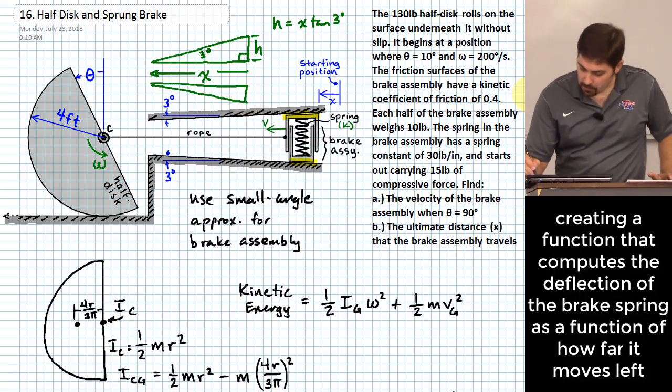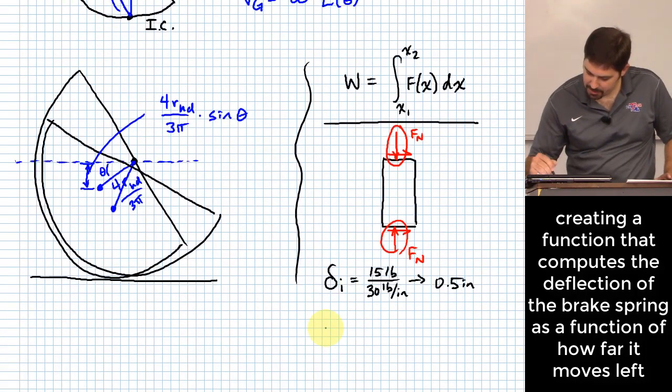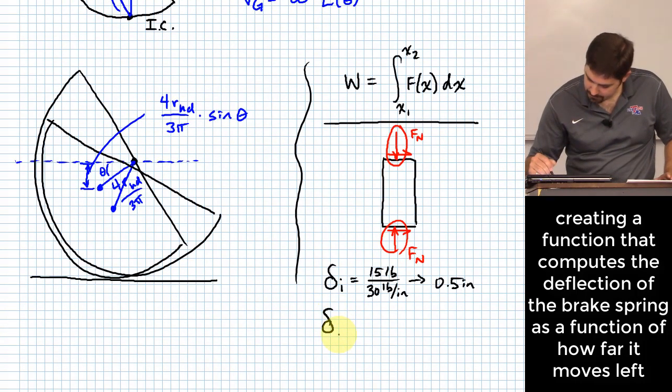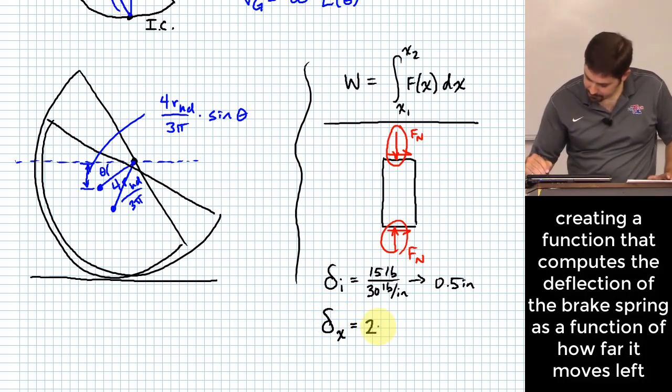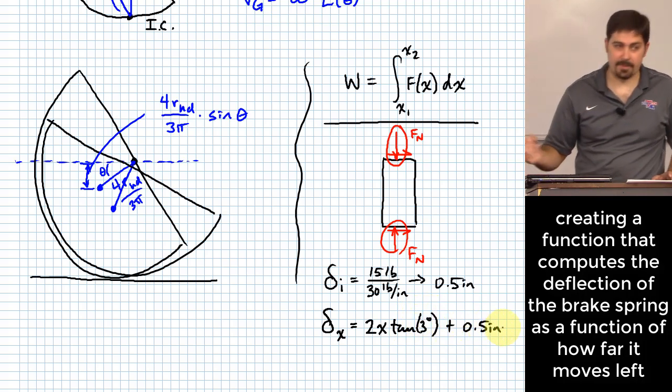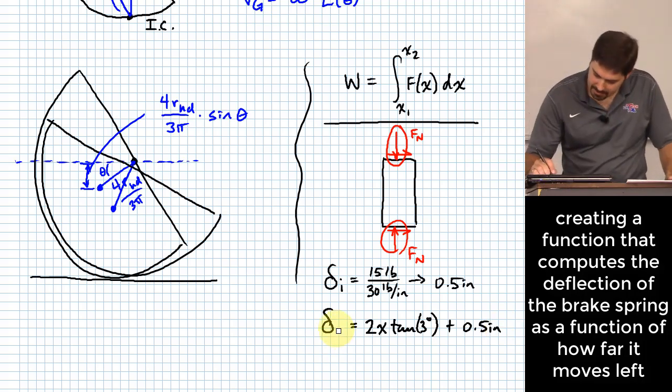So what I would submit to you is that my delta as a function of x is going to be equal to 2 times x tangent of 3 degrees plus 0.5 inch. And I meant to say this as a function of x.